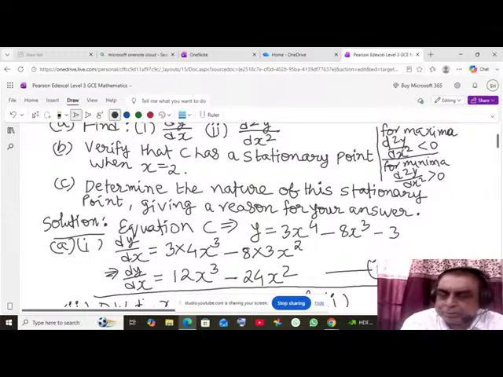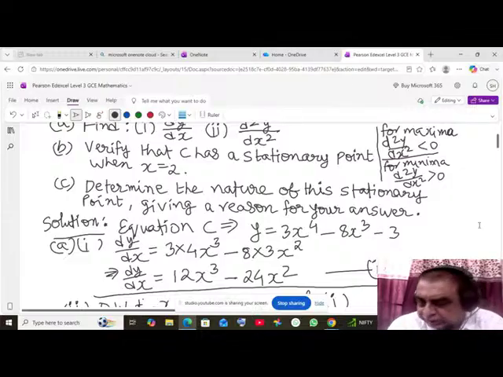Which point I have to check? So here we have to check the x equals to 2, the point where the x coordinate is 2. Is that point a maxima or minima?